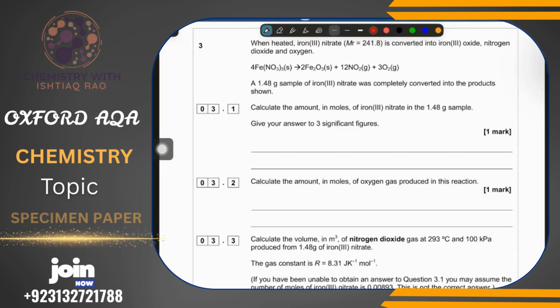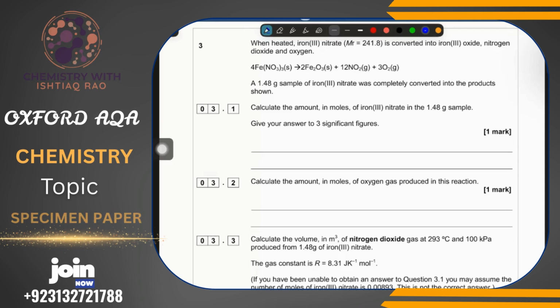In the 1.48 gram sample, they're asking for the moles. Of course, the mass is given, so we have to find the Mr. What's the formula for iron 3 nitrate?